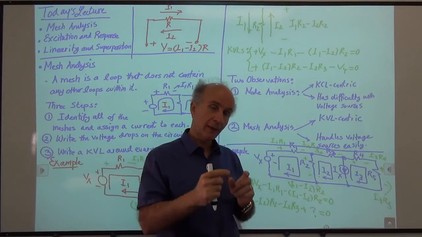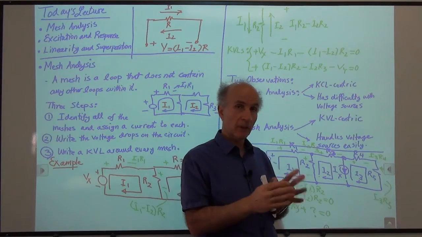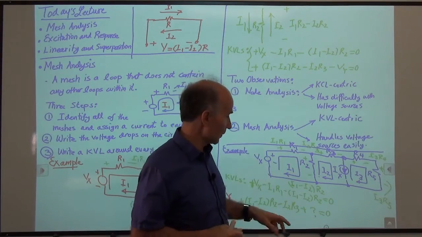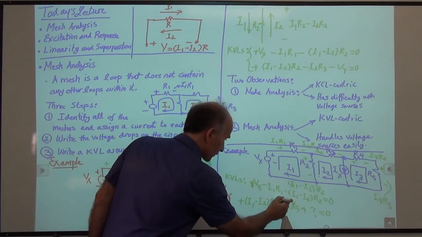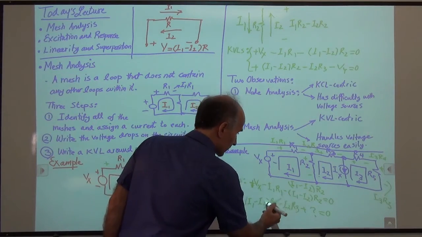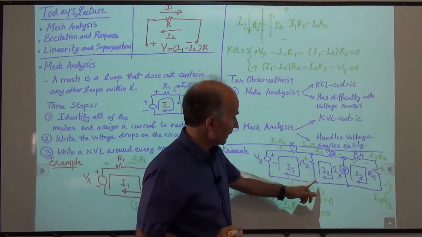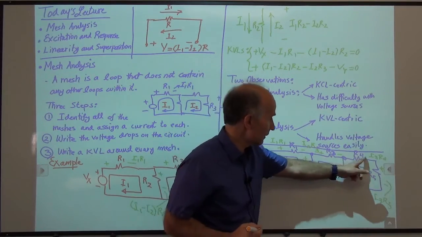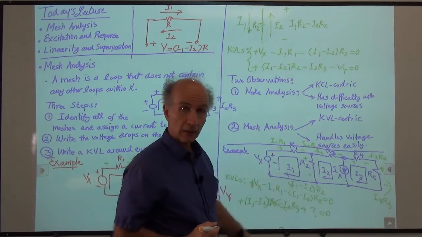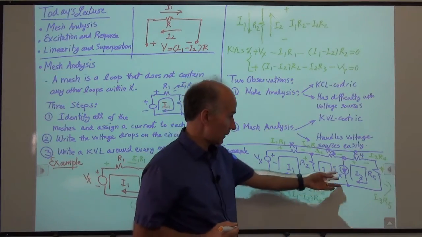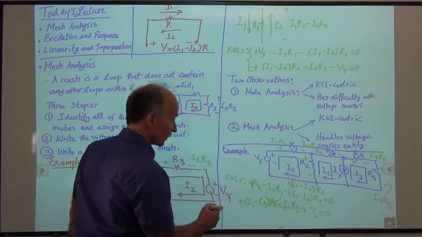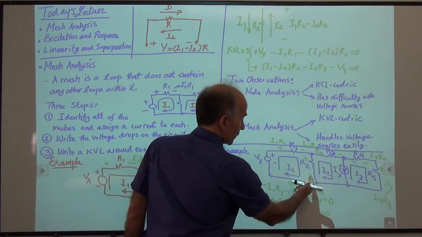So let's write the KVL around the super mesh only. We don't write a KVL around these little meshes here because that's not useful. Here's our super mesh. Let's write a KVL around this mesh. We can do that, right? Because it doesn't have a current source anymore. So we start from here. We're going up the potential.